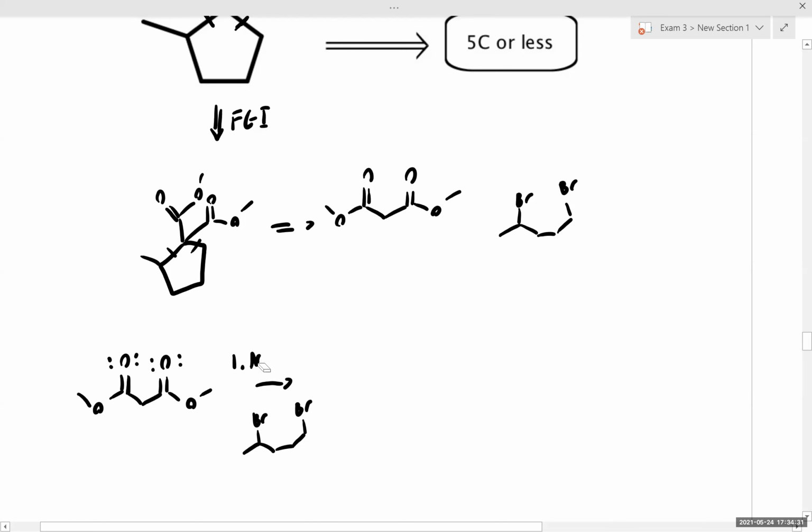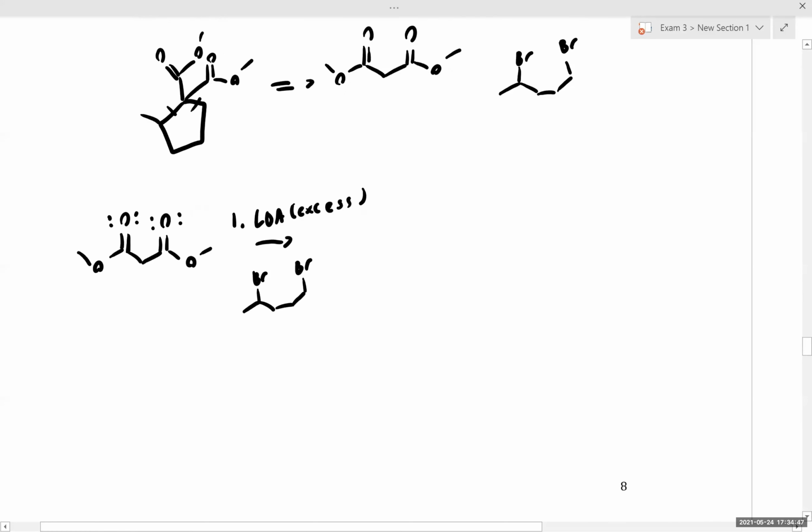If you wanted to minimize the chances of side reactions, you could do LDA in excess or any other non-nucleophilic base in excess, though usually you'd see proton transfer before any elimination or substitution side reactions. Anyway, in this case, what we're seeing mechanistically is that we're deprotonating our alpha position.